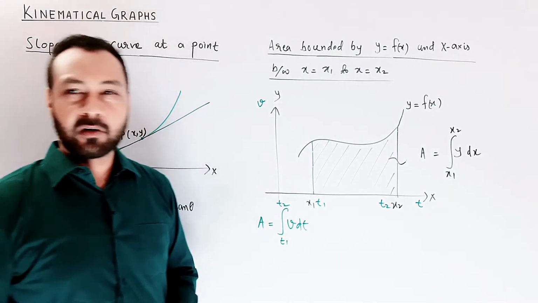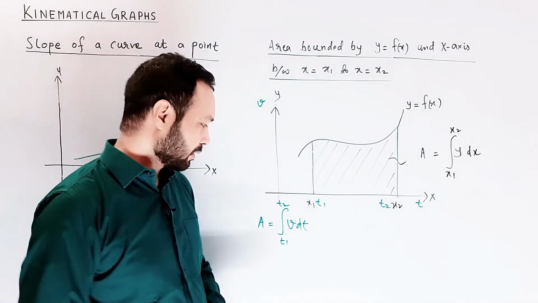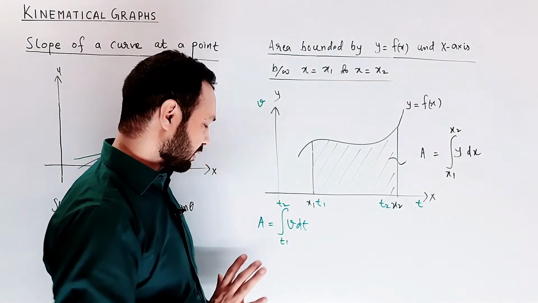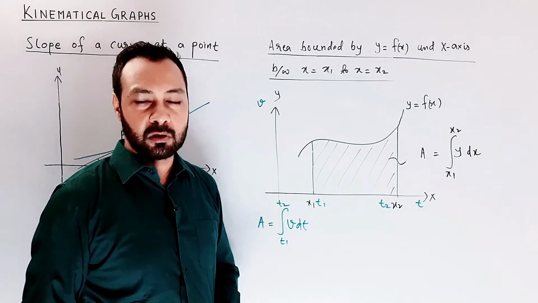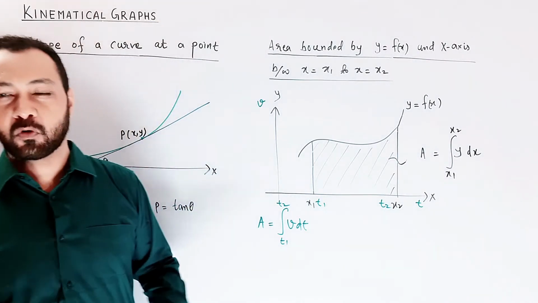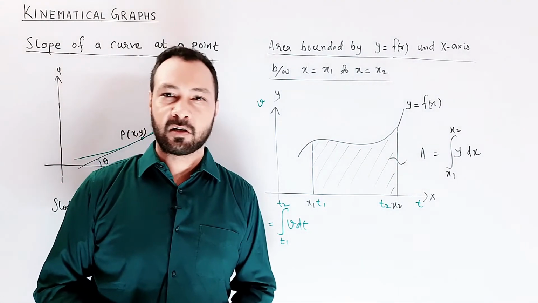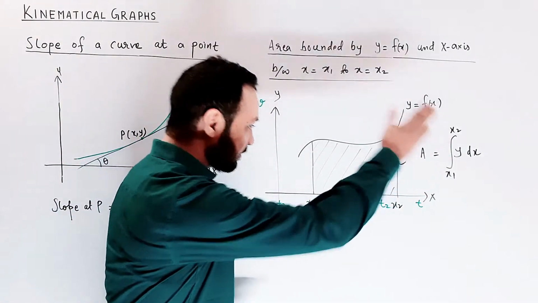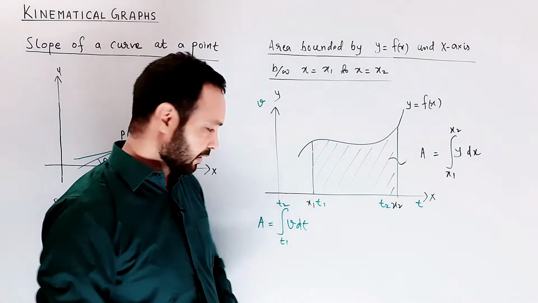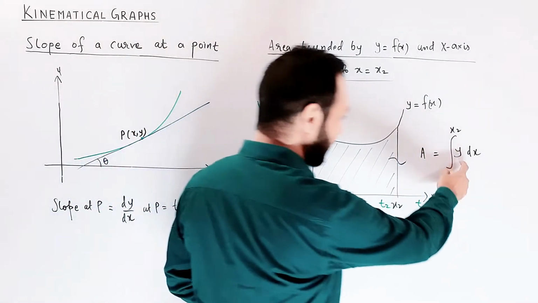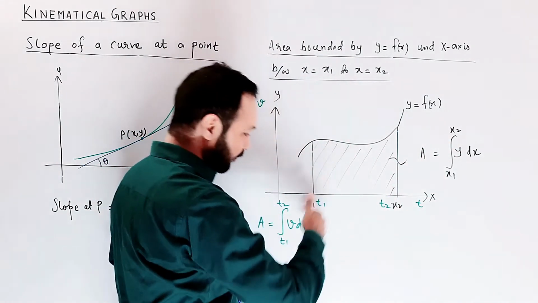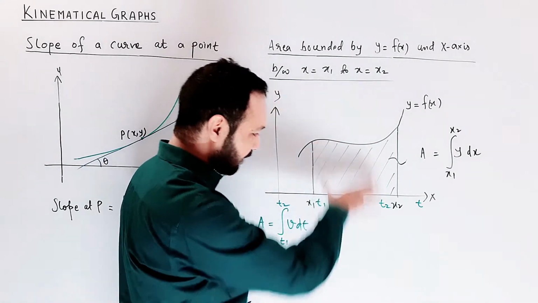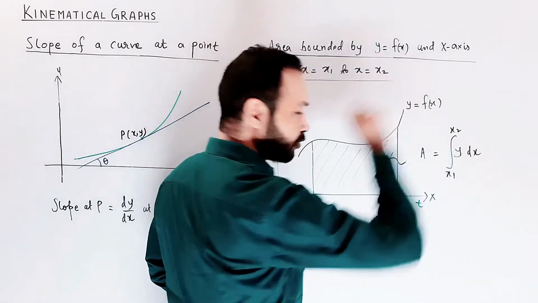And one important thing to consider is that this is not the area that we used to study before class 11. Before 11, the area that you studied is always positive. Here these are coordinates, and coordinates can be positive or negative. Suppose for example this is y. If the graph is below this axis, then y will be negative, then this area will come out to be negative.